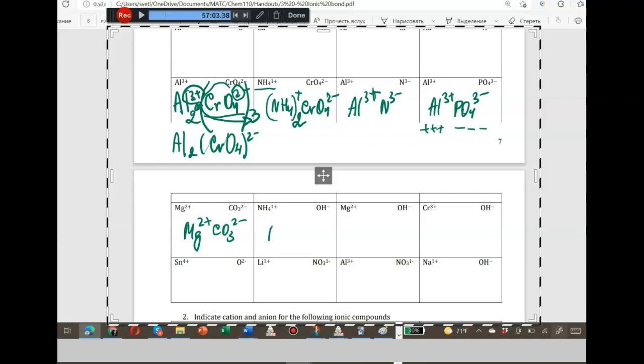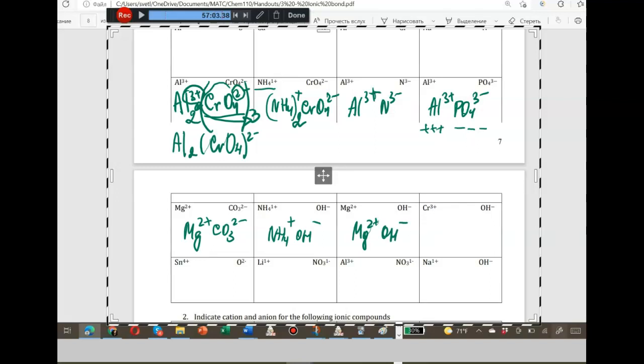NH4 plus and OH minus. The same situation, an equal amount of charges, so they balance each other. It's neutral by itself. Magnesium 2 plus, OH negative, and this is different.